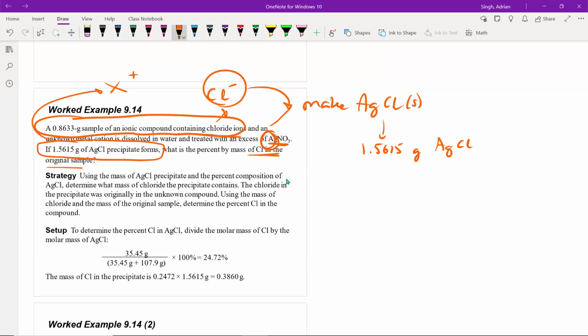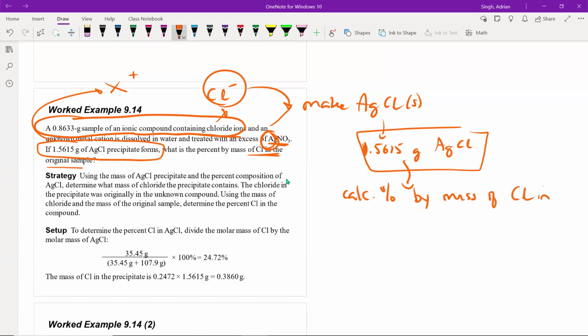So what we can do is we can use the mass of the silver chloride that we have over here. We can take that and we can calculate the percent by mass of Cl in AgCl, because we can easily do that. This will be the mass of Cl over the mass of AgCl times 100, right?